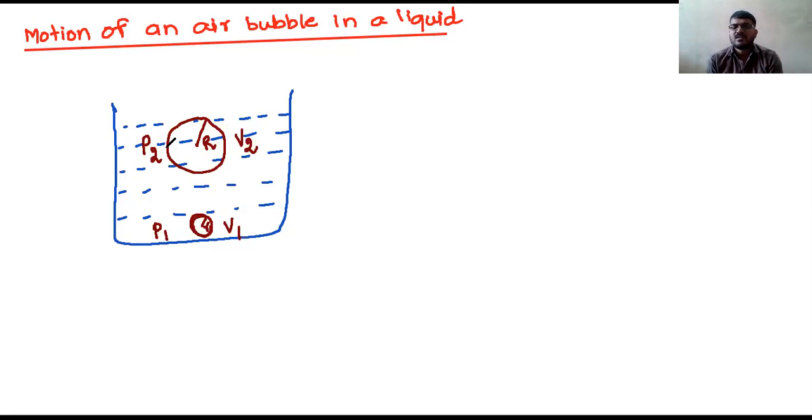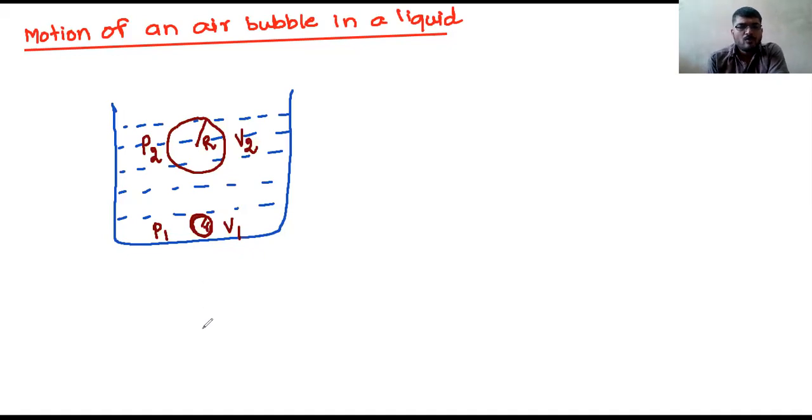When it is at the bottom, its radius is small r, and when it comes to the surface, its radius is capital R. So volume at the bottom is V1, volume at the surface is V2. Similarly, pressure at the surface of water is P2, and pressure at the bottom is P1.